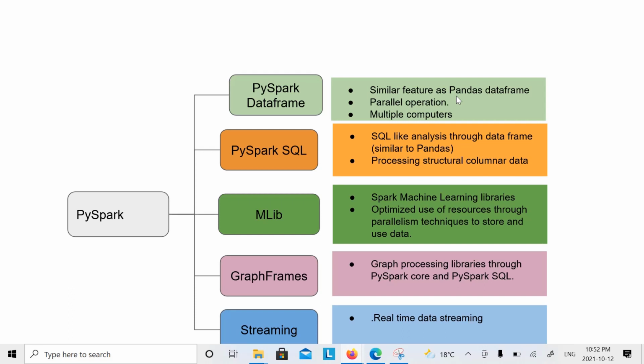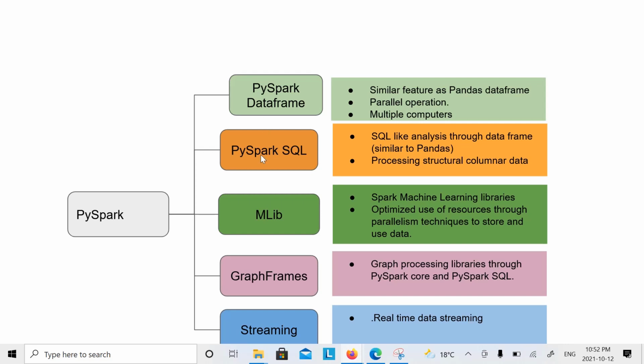The same kind of pandas data frame features you can use in Spark, and it is called a PySpark data frame. So that is what became possible because of the combination of Python plus Spark, the PySpark. And that's just one of the new possibilities which happened with this combination.